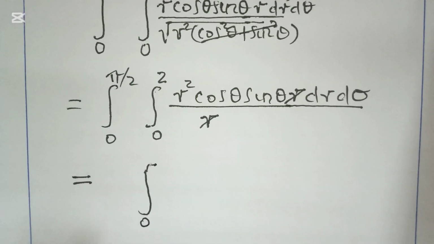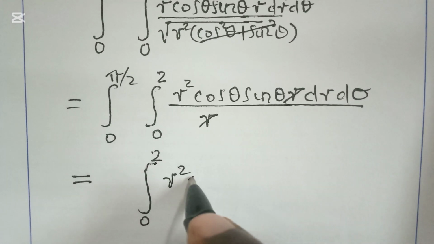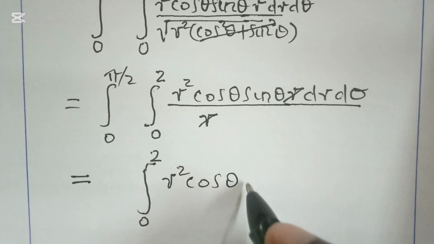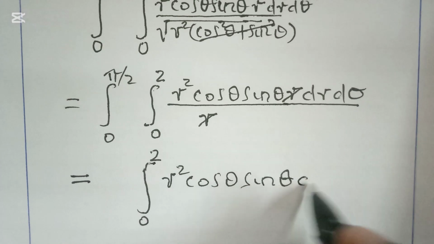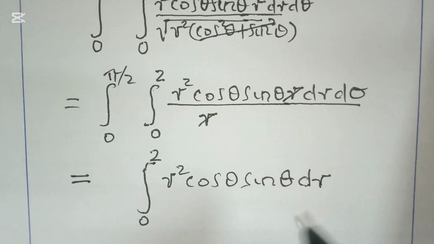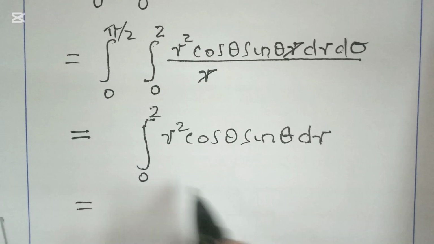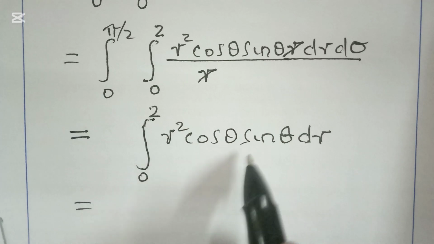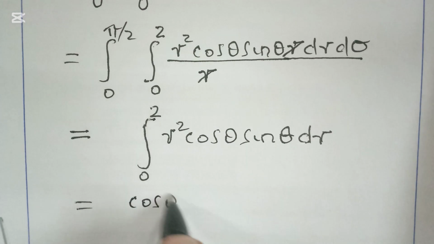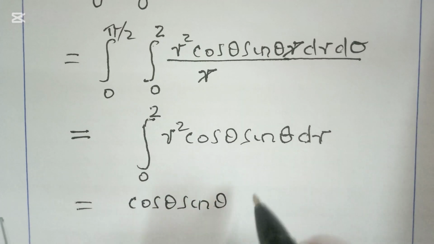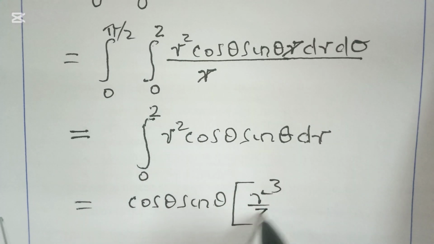Now it's going to be 0 to 2, then I have r squared cos theta sine theta, and then here we have the dr. After that we integrate that with respect to r, and cos theta sine theta is constant. So we integrate r, going to be r cubed all over 3.